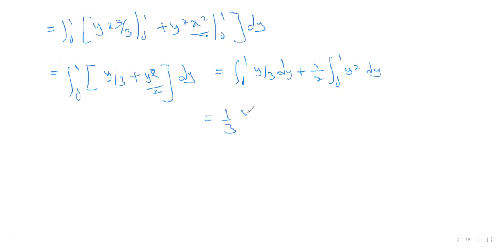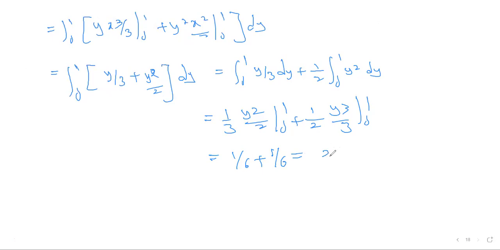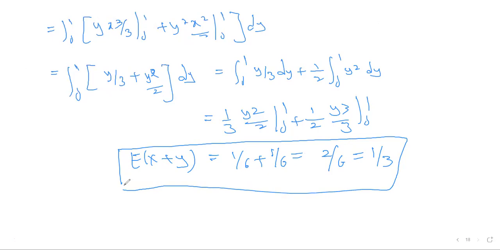So 1 by 3 into y square by 2 from 0 to 1, plus 1 by 2 times y cube by 3 from 0 to 1. It is 1 by 6 plus 1 by 6. The answer is 2 by 6, or 1 by 3. So this is the expected value of x plus y. In this way, we can find the expected value of x plus y.